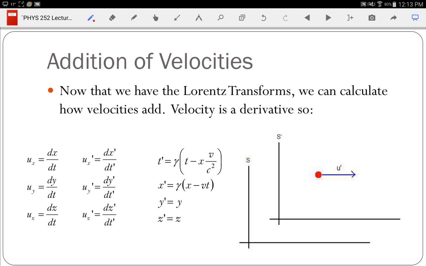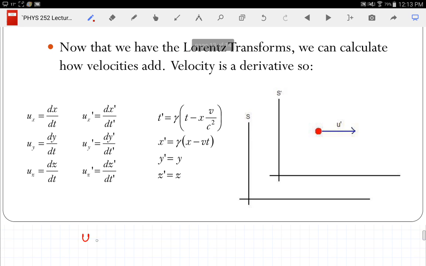ux prime, the speed of object x in the s prime frame, is dx prime over dt prime. The laws of physics have to be the same in all reference frames, so in the prime frame it's the same equation, we just put primes everywhere. Well, we want to use this to find what ux prime is in terms of the unprimed variables. So ux prime is equal to dx prime over dt prime.